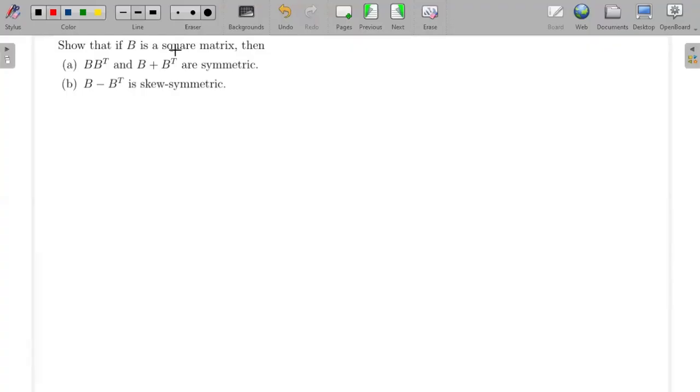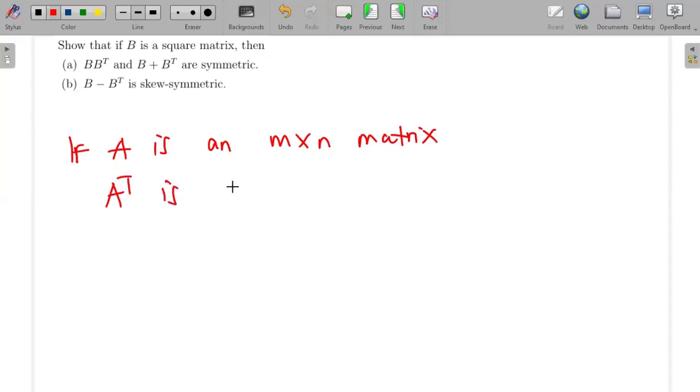Okay, so a transpose, I'll say if A is an M by N matrix, then its transpose, denoted by A transpose, is an N by M matrix.